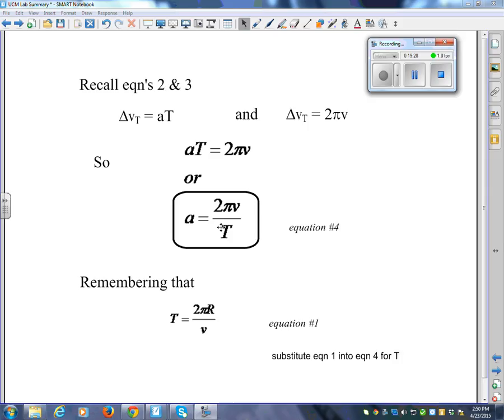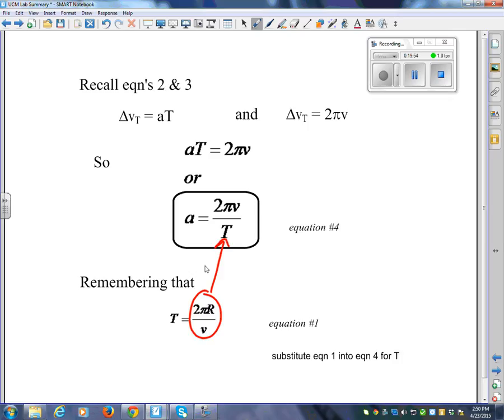Do these look at all sort of, kind of, like they have something similar about them? I got a, 2 pi v over t. Here I got t, 2 pi r over v. I'm going to substitute equation number 1. This one here is going to go into this, because it's equal to t.